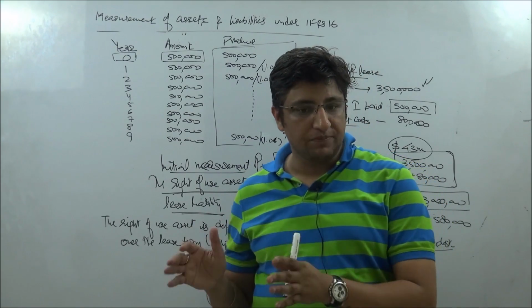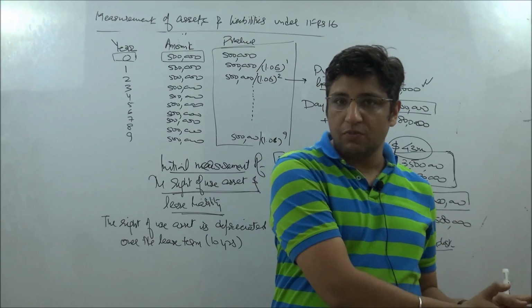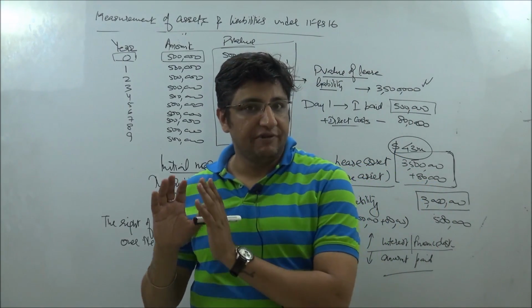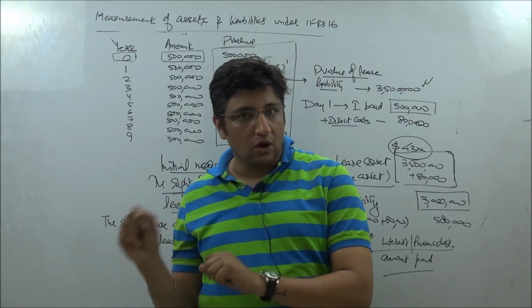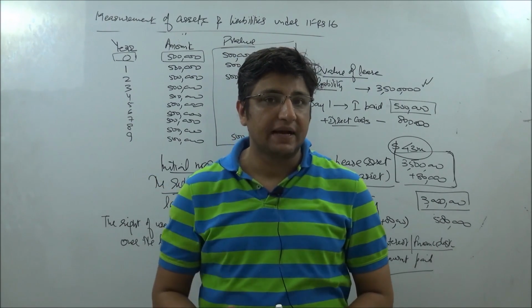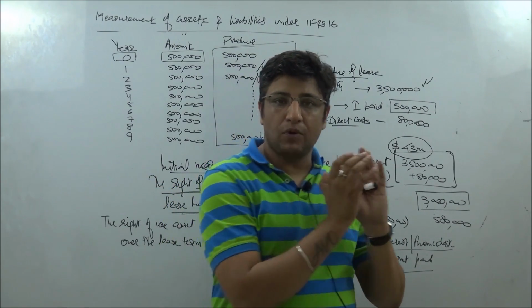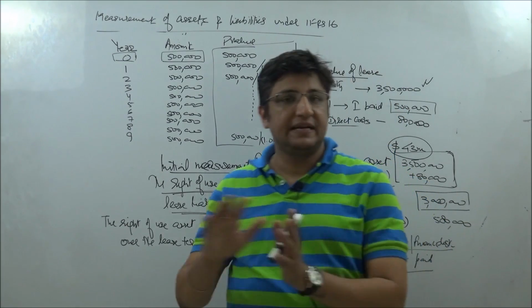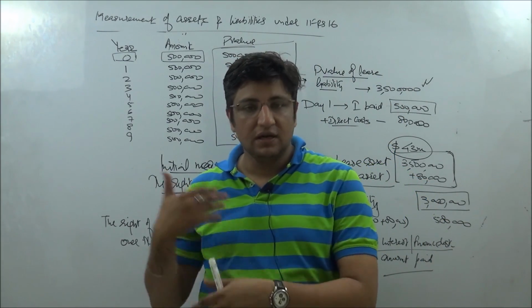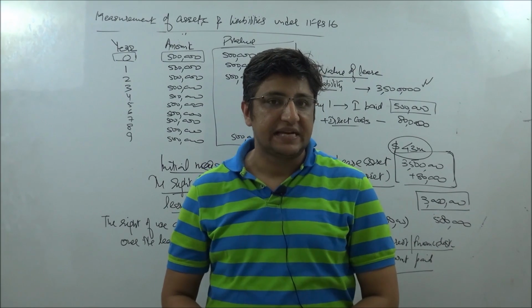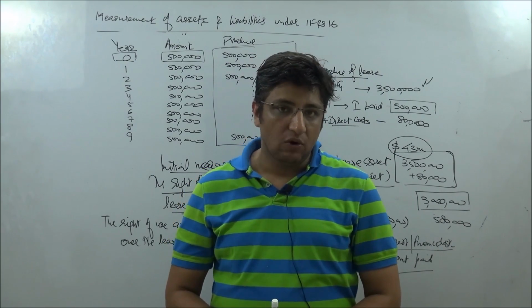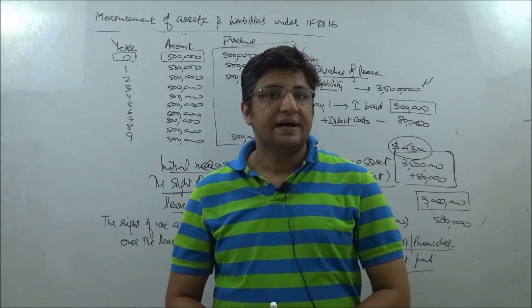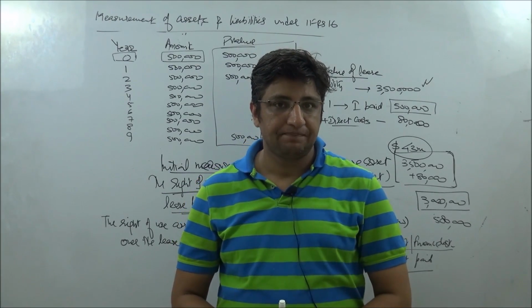We have again an option of using the cost model or the revaluation model, and accordingly, the applicable accounting standards, be it property, plant and equipment, or an investment property accounting standard, would apply at the time of subsequent measurement, right?